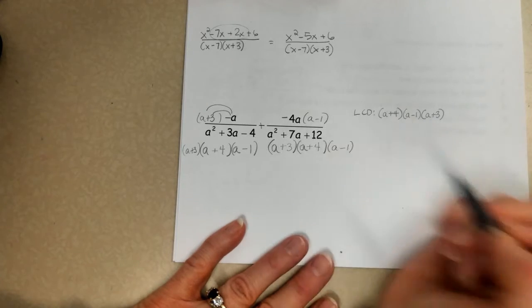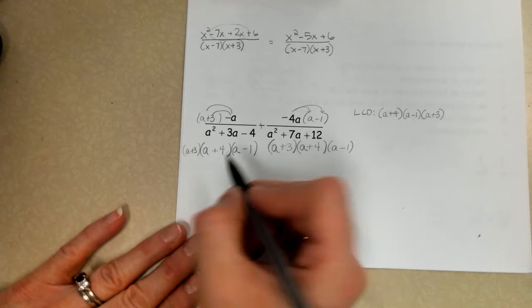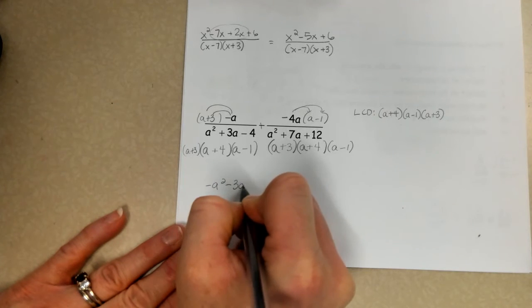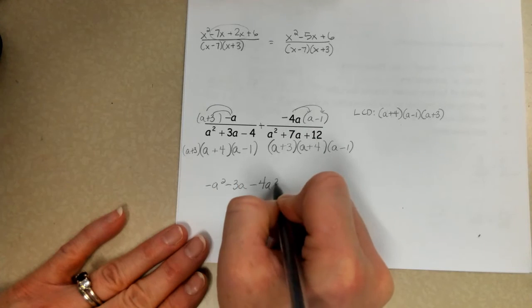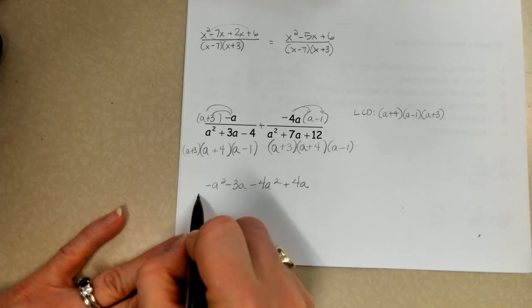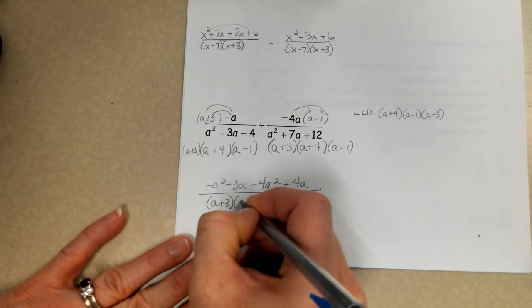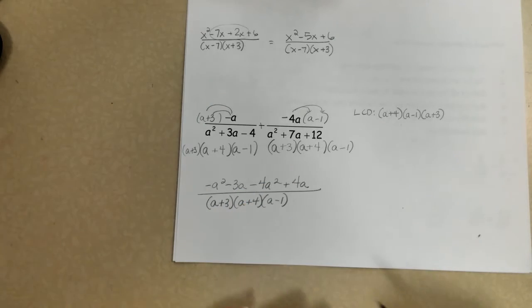So if I add it to the bottom, I add it to the top so I can distribute it. So I have negative a squared minus 3a, and then I have negative 4a squared plus 4a, all over the common denominator, which has an a plus 3 and an a plus 4 and an a minus 1 in any order in it.